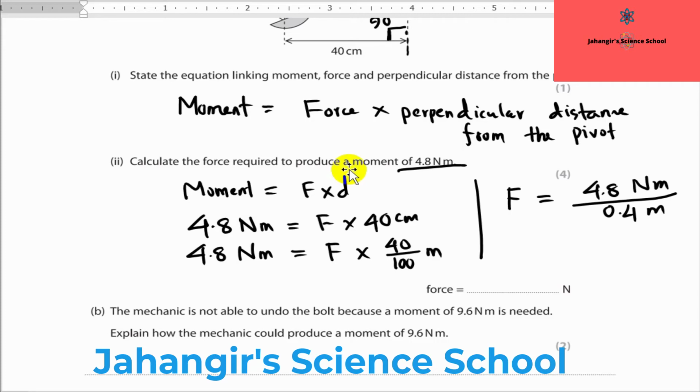So calculate this one. Here 4.8 divided by 0.4 equals 12 Newton. So force equals 12 Newton.